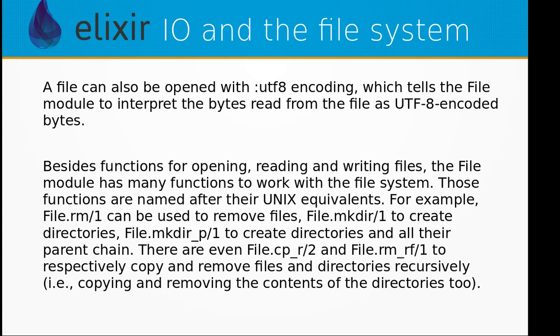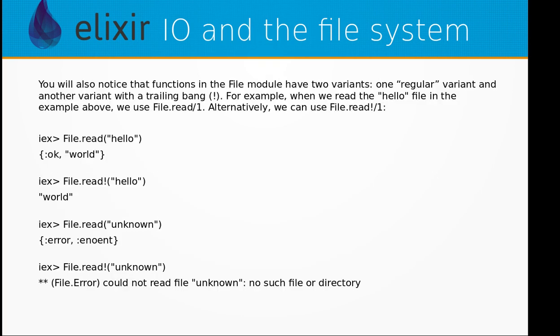For example, File.rm can be used to remove files, File.mkdir to create directories, File.mkdir_p to create directories and all their parent chain. There are even File.cp_r and File.rm_rf to respectively copy and remove files and directories recursively. That is, copying and removing the contents of the directories too.